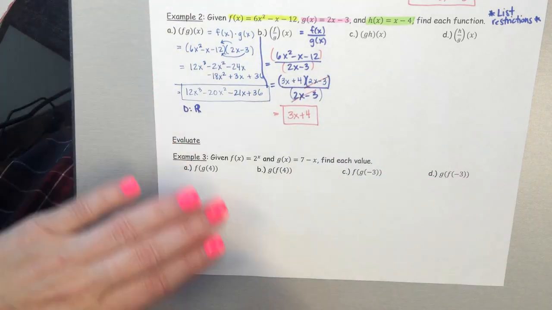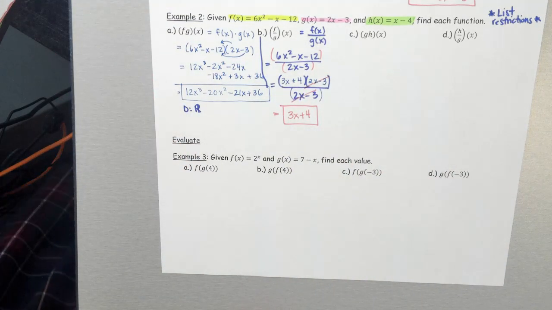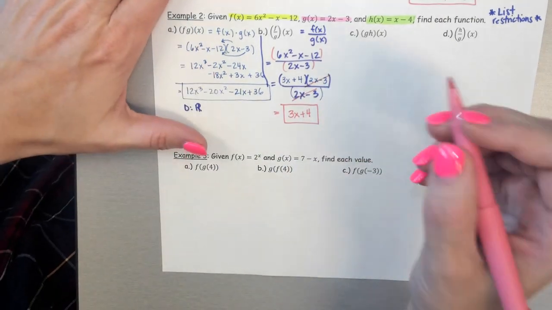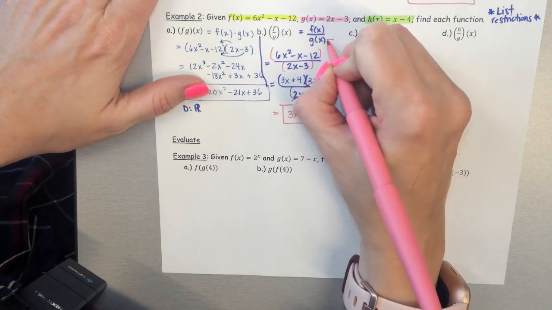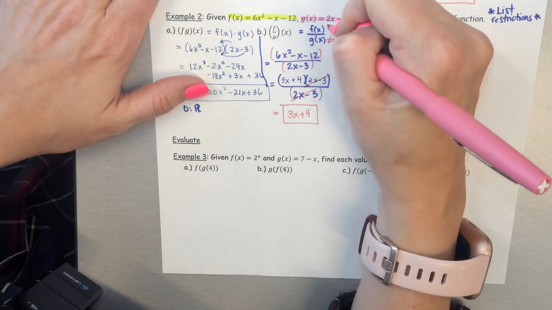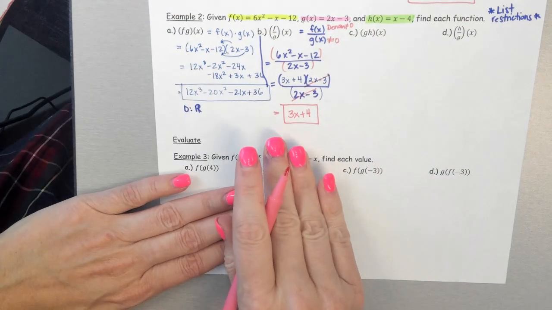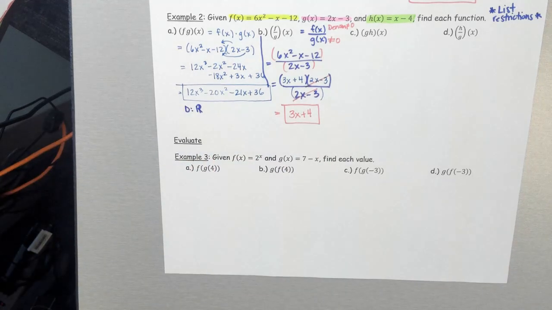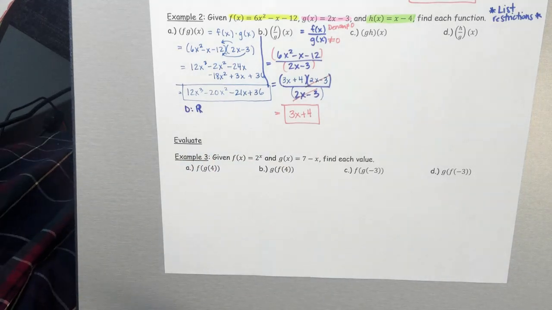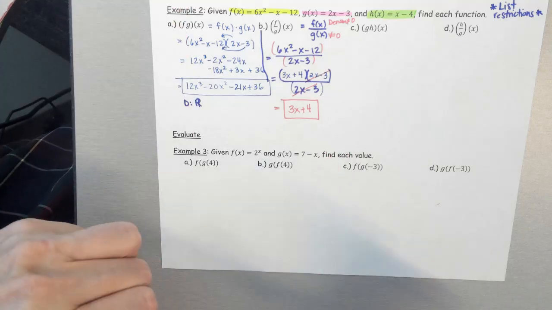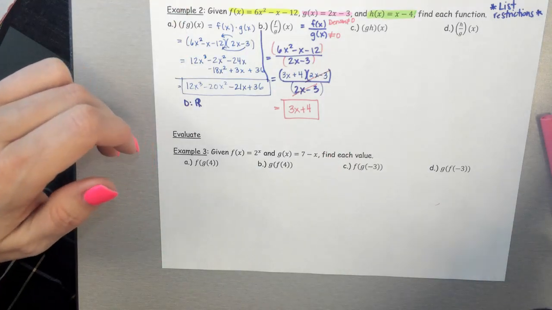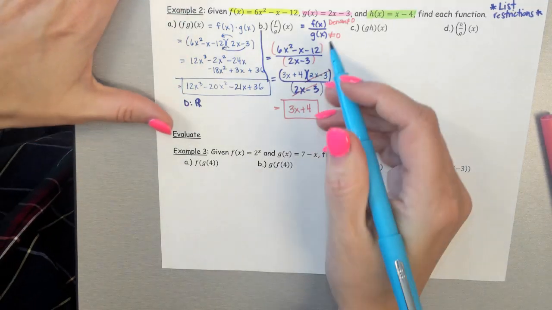Okay, but there would be a restriction. Anytime there's a fraction, the denominator cannot equal 0. So even if it simplifies into something with all real numbers, you have to make sure that you include your restriction there.